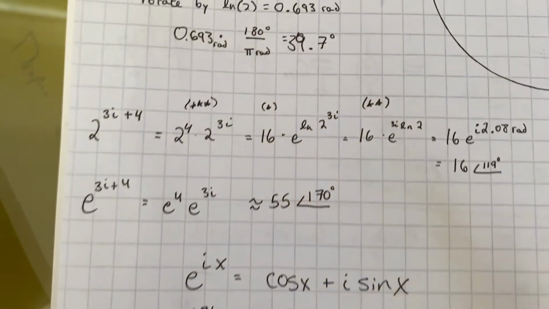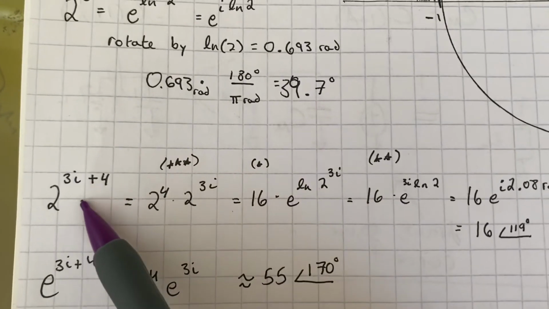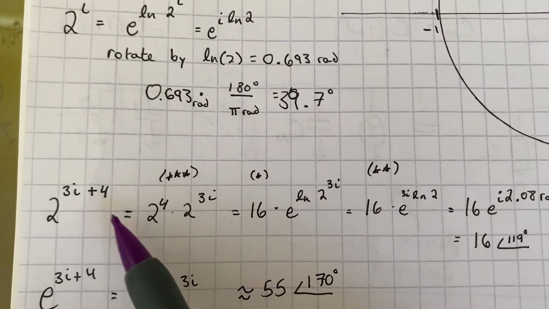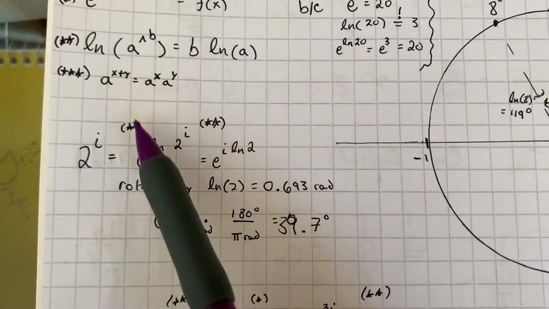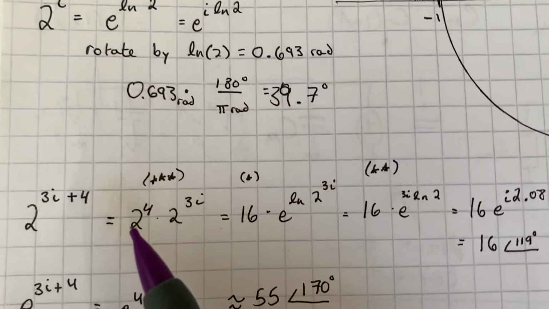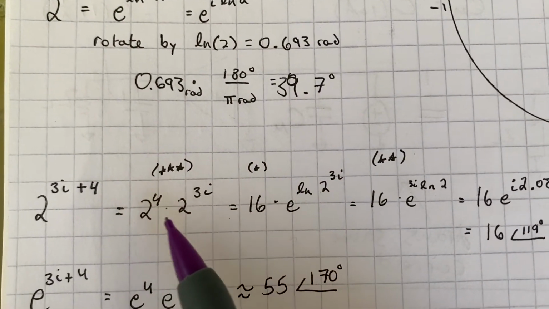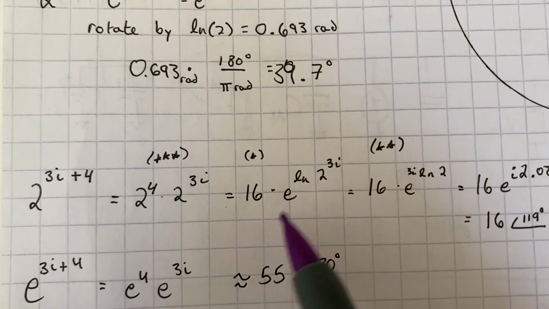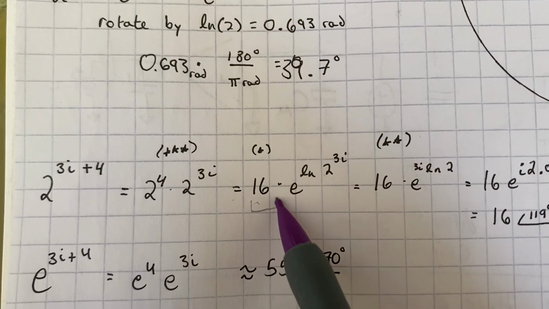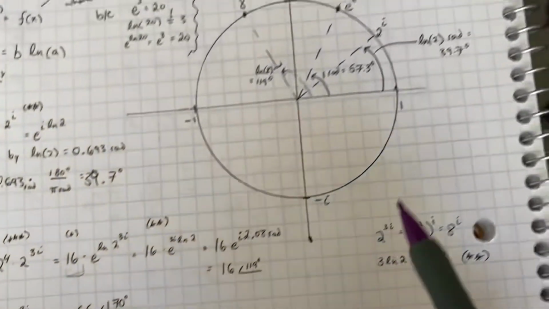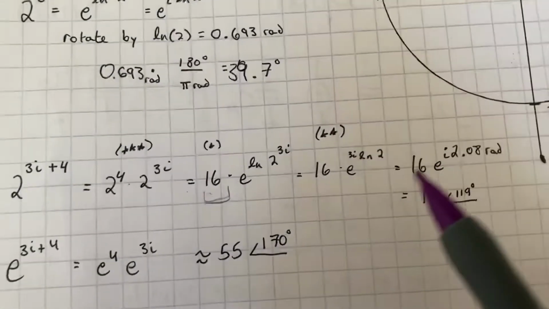Now let's look at something a little more complicated, like 2 to the 3i plus 4. Well, if we use this third log rule here, we can change addition into multiplication in this way. Now this 16 just means we're scaling our magnitude from the origin by 16 rather than 1.